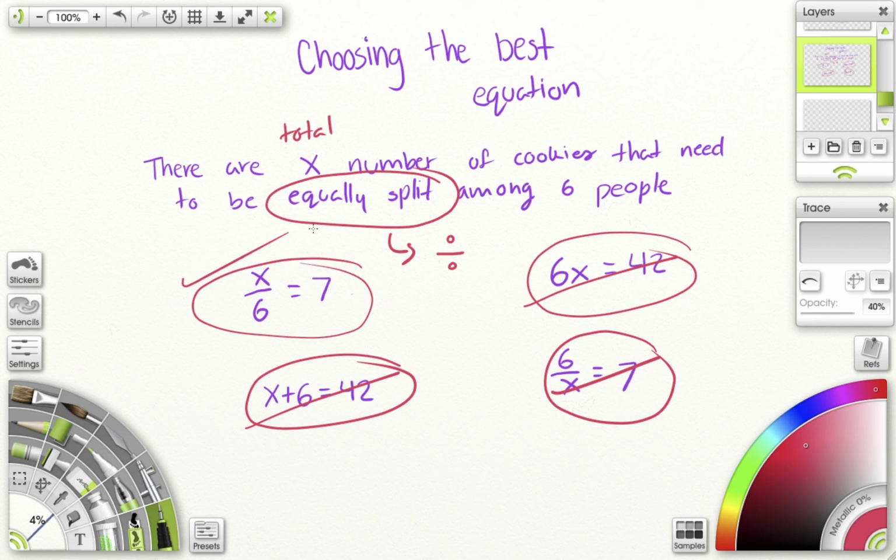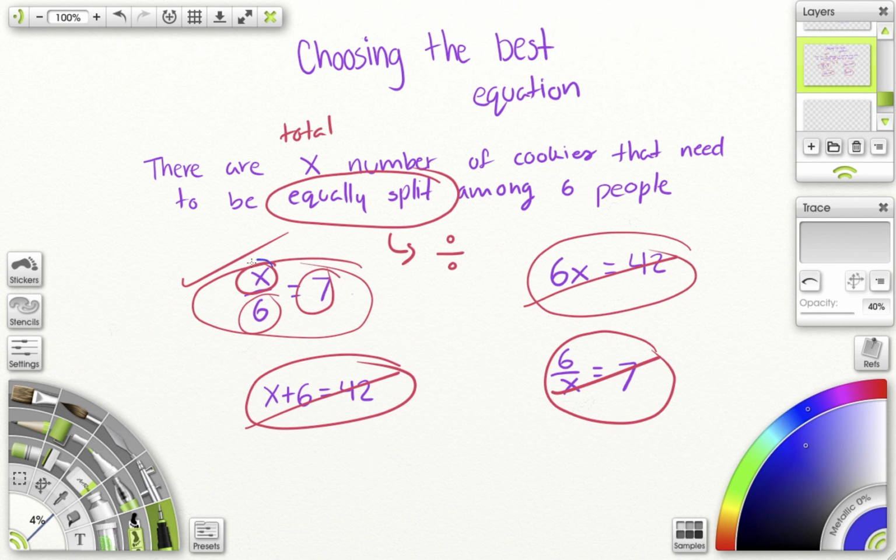So I have the total number of cookies here on top. It's being split amongst 6 people, and therefore each person gets 7 cookies. Now we need to solve this problem. So that's the second part of this question. After you find the best equation, you need to solve for the variable. So how do we do so?